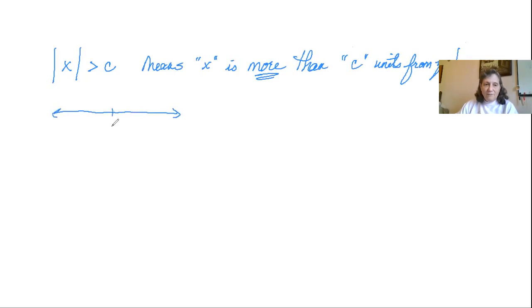Okay, so here's 0. If this were, say, the absolute value of x is greater than 3.